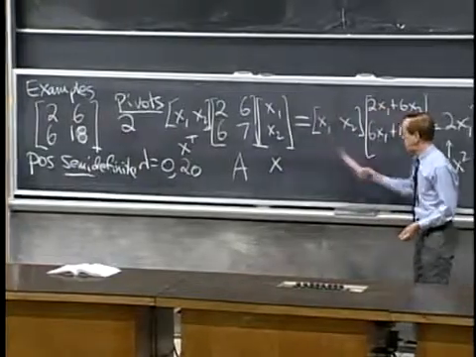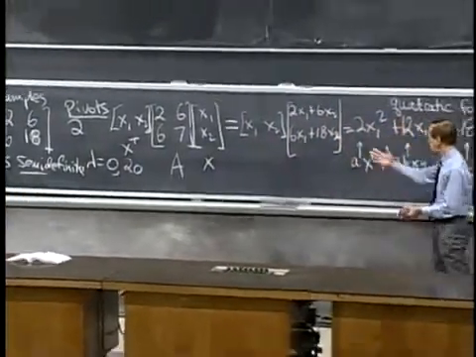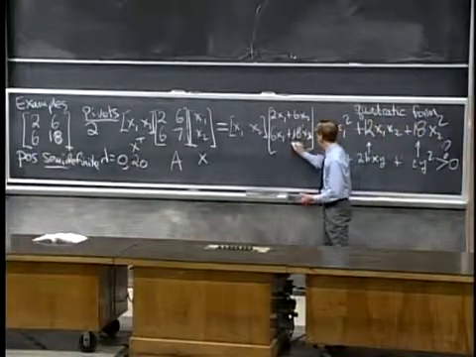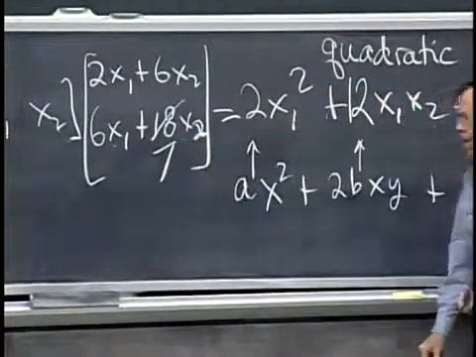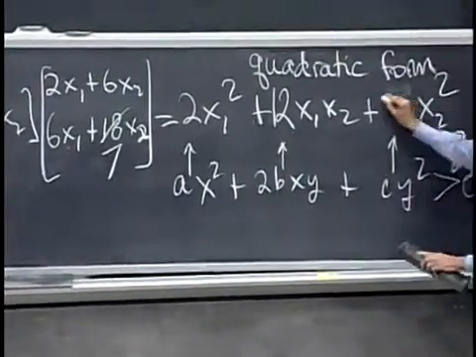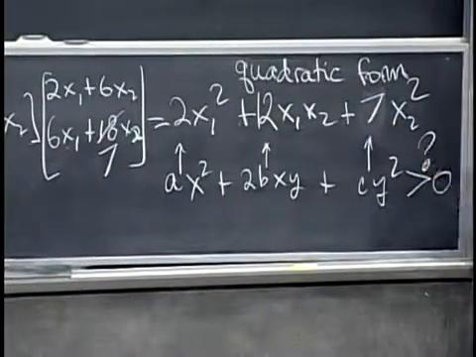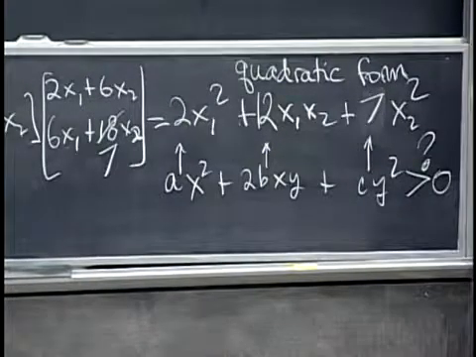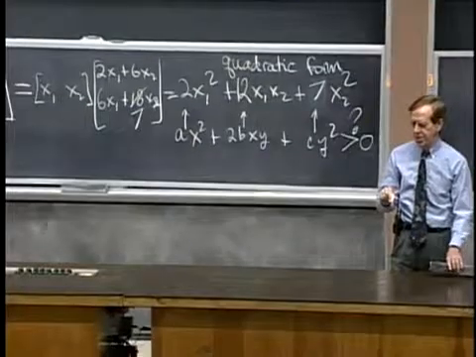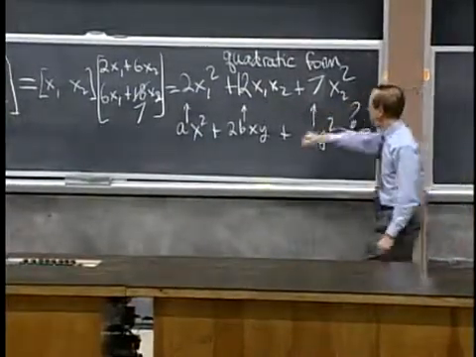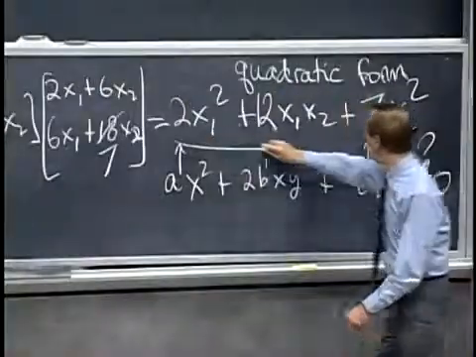Let me look at the X transpose AX for this guy. If I do out this multiplication, this 18 is temporarily changing to a 7. This 18 is temporarily changing to a 7. And I know that there's some numbers, x1 and x2, for which that function is negative.